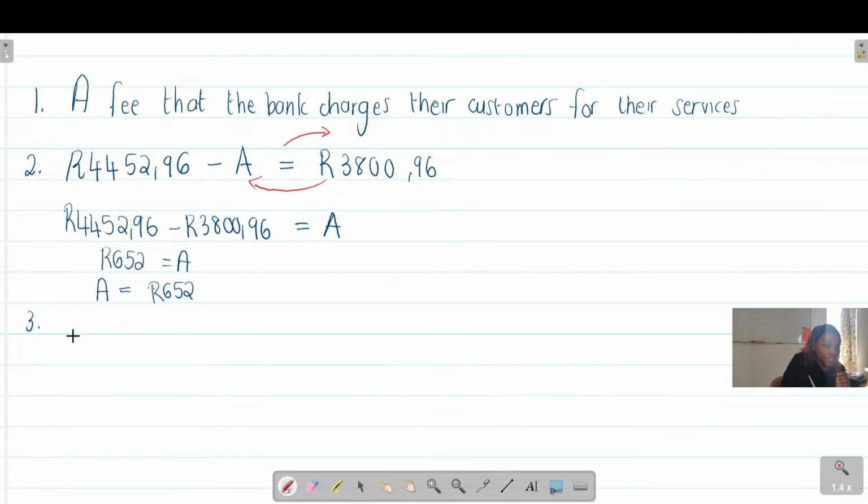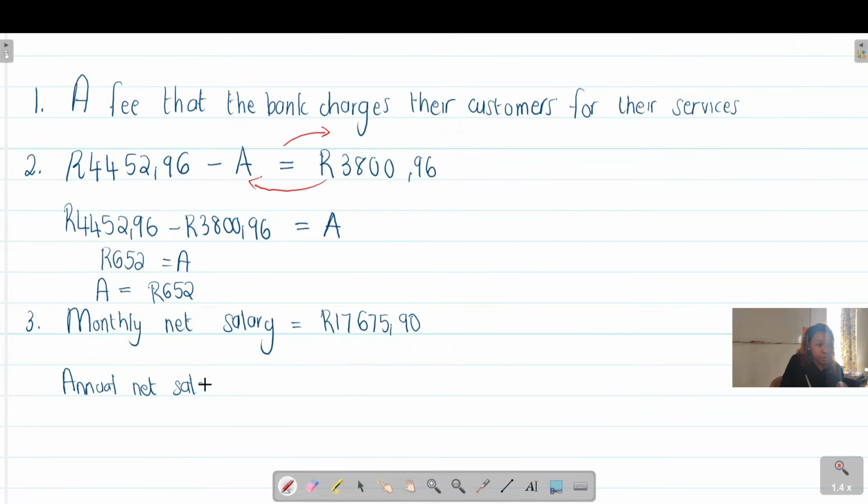Okay, so Mr. Sibuko's monthly net salary is equal to 17,675.90 cents. However, we want the annual net salary. So what do we have to do?